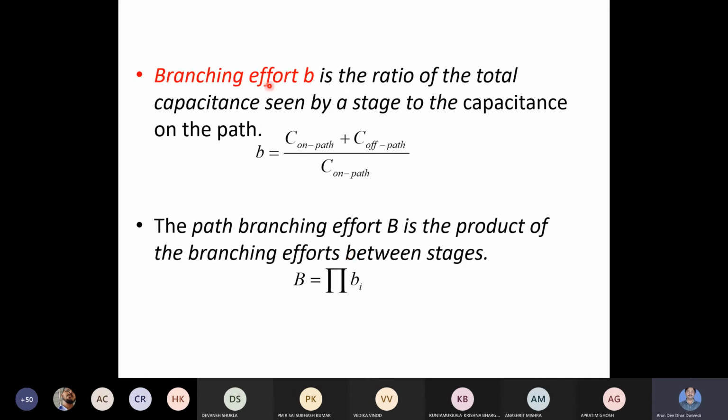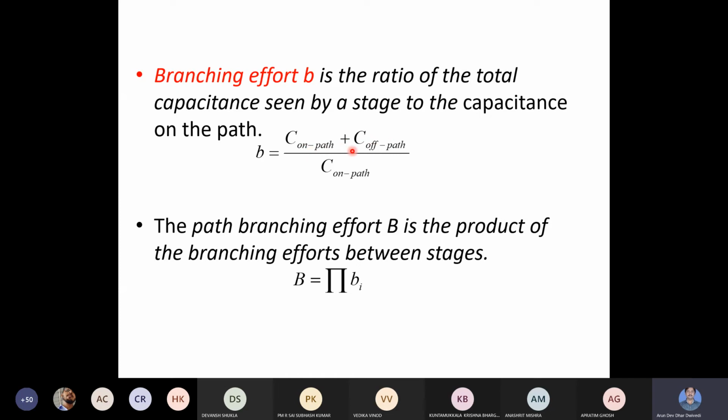Branching effort B is defined as the ratio of the total capacitance seen by the stage to the capacitance on the path. So B is basically C on path plus C off path divided by C on path. This is the definition of branching effort. So this is the on path capacitance and this is the total capacitance, on path and off path capacitance also.